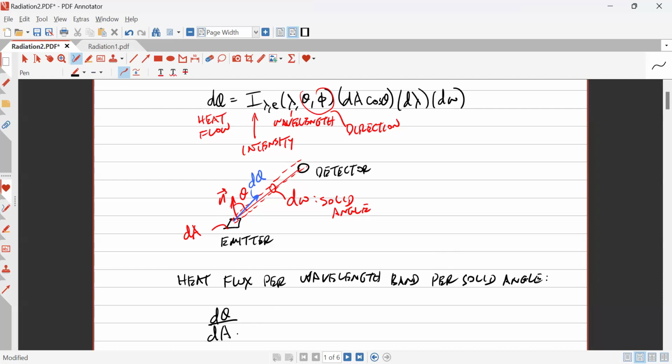But since it's per wavelength band, we're going to divide it by d lambda, and per solid angle is going to be divided by d omega. If we do this, we get I sub lambda, lambda theta phi, and then just the cosine theta remains. So let's give this a name and a symbol. So this is going to be E sub lambda, lambda theta phi.